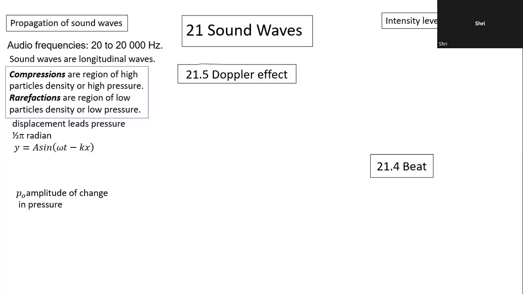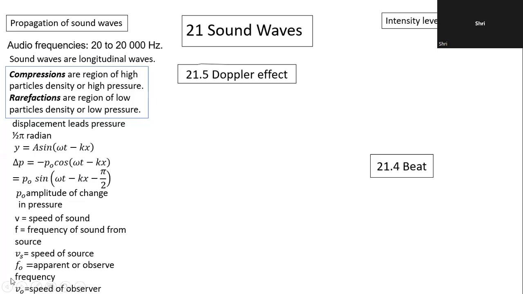So if that is your traveling wave in the x direction, then your change in pressure is P naught sine omega t minus kx minus pi over 2. P naught is the amplitude of the change in pressure, and all these terms you must be familiar with.